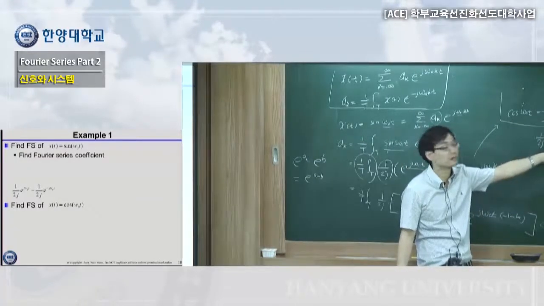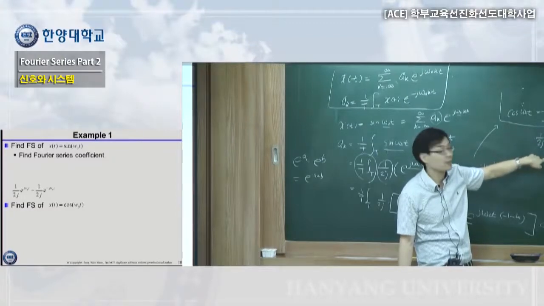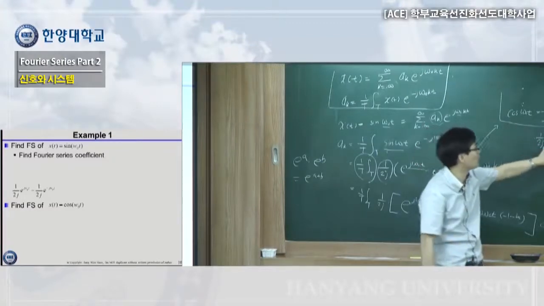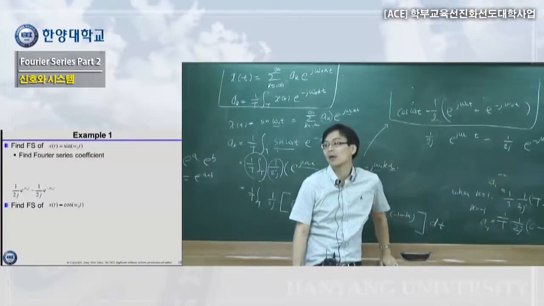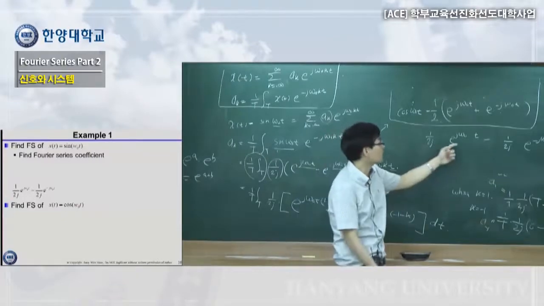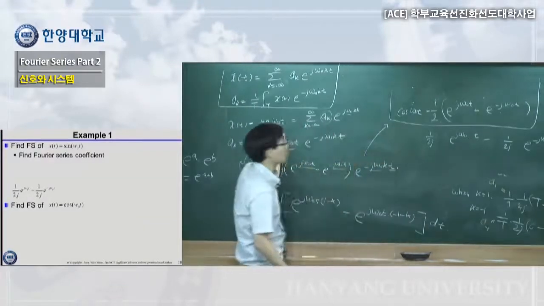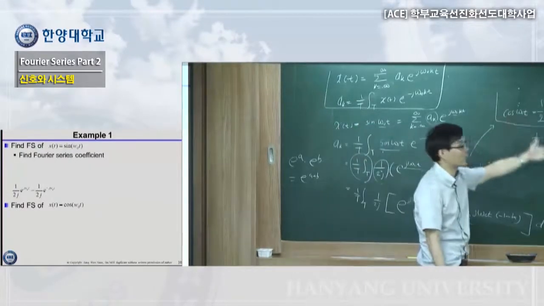From the Euler formula, we intuitively know that this minus this is 2j sine omega, right? And divided by 2j is itself, that will look like this. So if you use the Euler formula, we can derive this one directly.